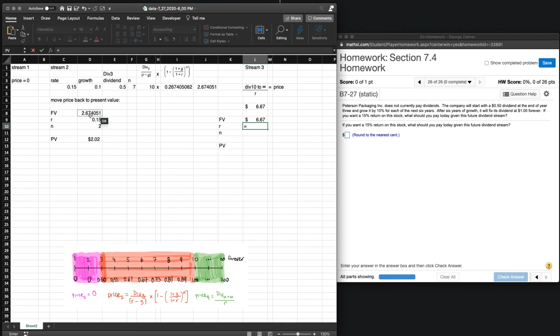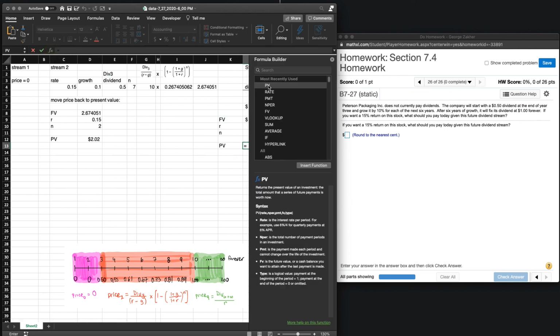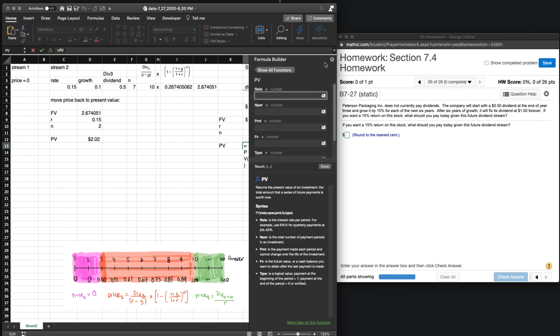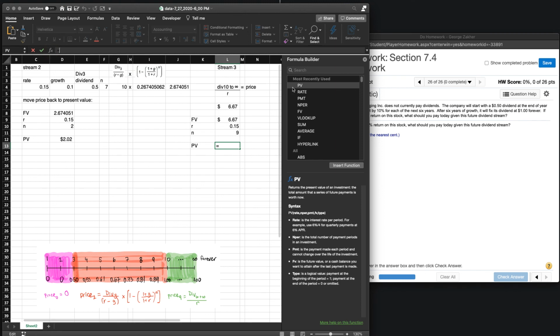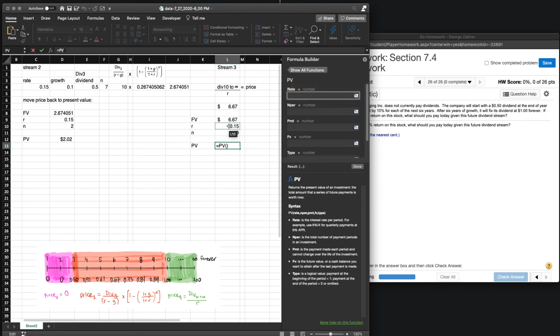So again, we can use our present value function. The present value of this future payment, or annuity due, that's never ending is worth $1.90 in current present value.